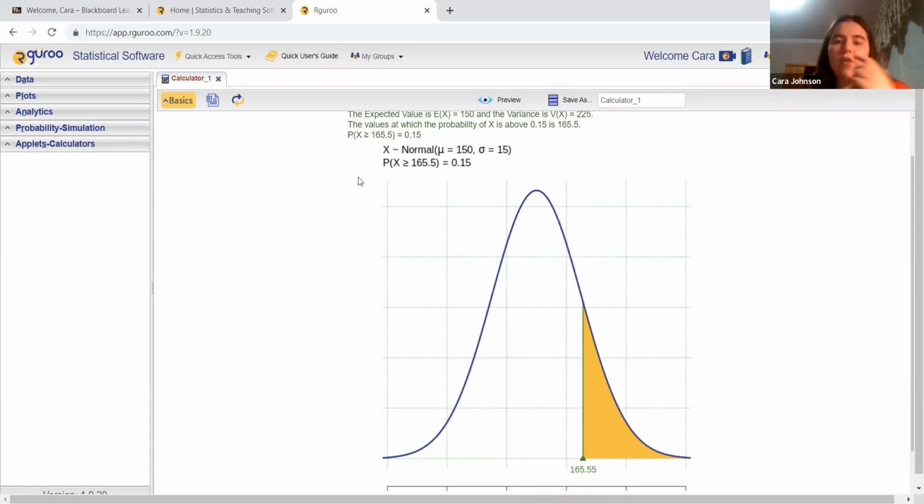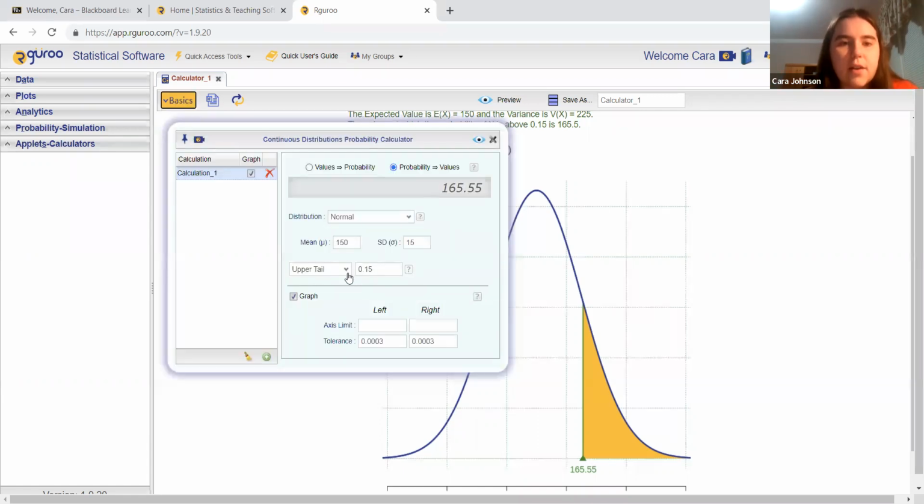And then the last question, the middle 25% of the weights is between which two data values? So if we have 25% in the middle, we have 75% split evenly across the two edges. So 75% divided in half is 37.5. So on each edge, we're going to have 37.5%. So between tails, 0.375, 0.375.